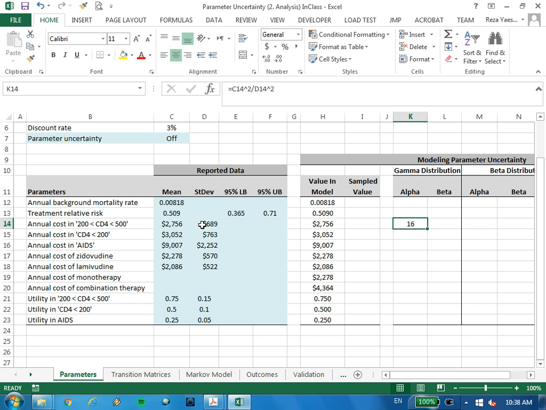This is one of the parameters of gamma distribution. I'm going to assume that all the cost parameters in my model follow a gamma distribution. So you can easily calculate the alpha parameters for all these cost variables.